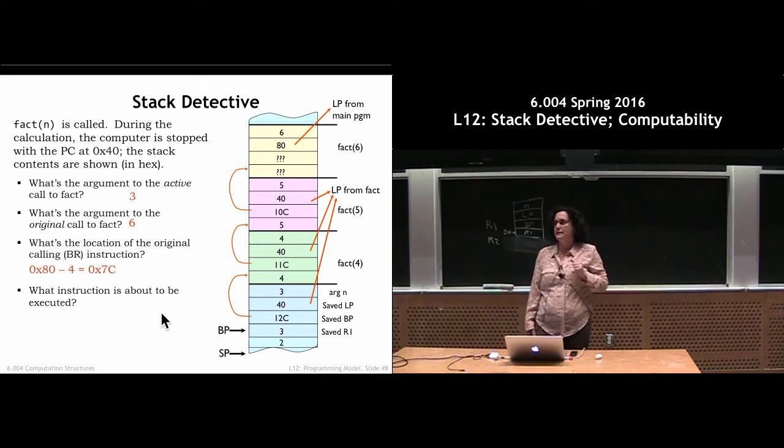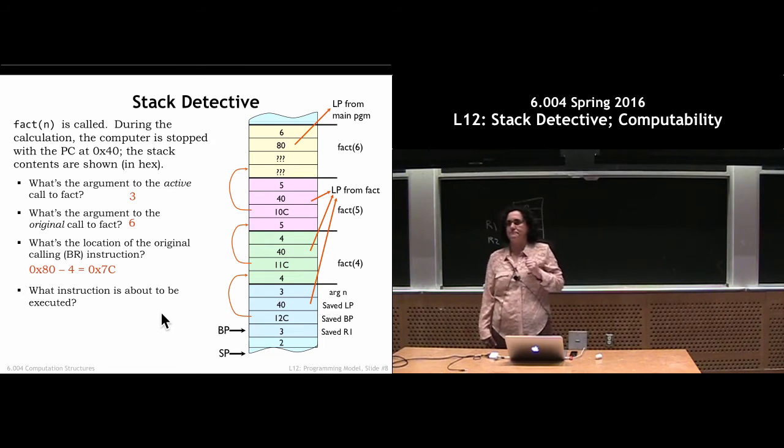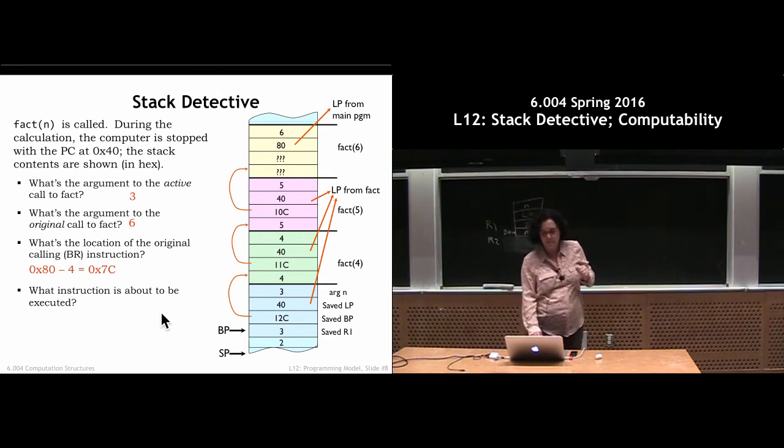Okay? Now, next question is, what instruction is about to be executed? Okay, so what do we need in order to figure this out? So first of all, we're given information about the value of our PC here, okay? We're told that the PC is currently at address 0x40. 0x40 happens to also be something that we know something about, which is it's the return address of the recursive calls to factorial.